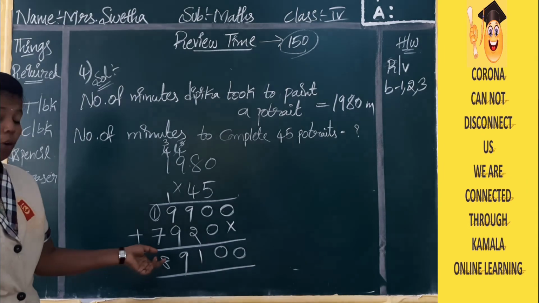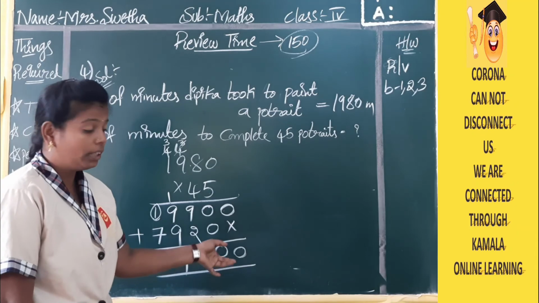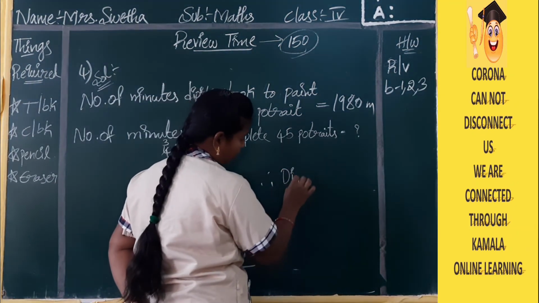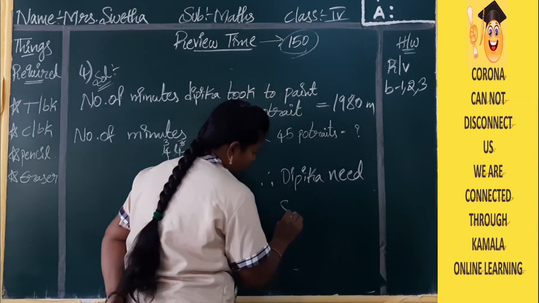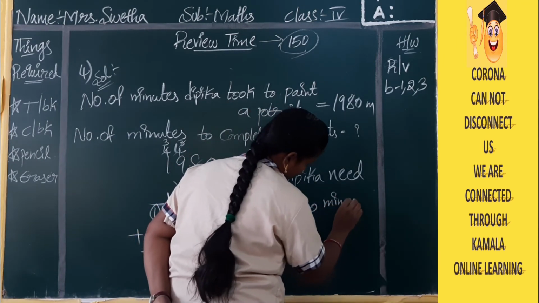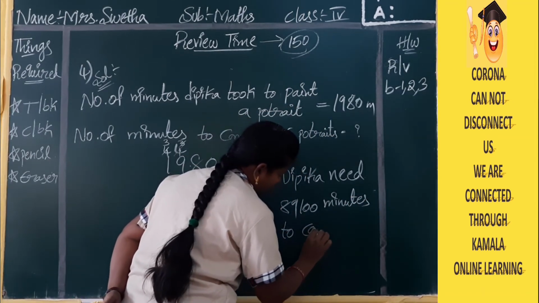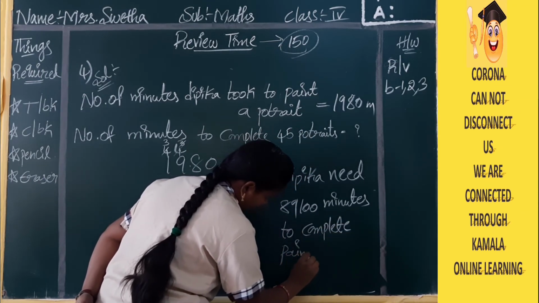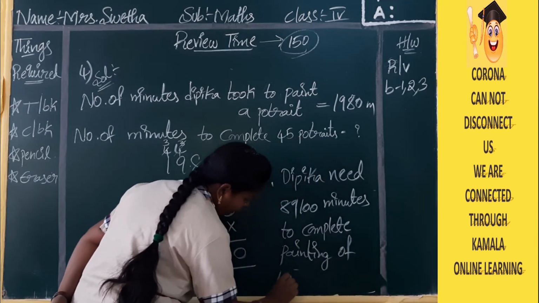So how many minutes does she need to complete 45 portraits? It is 89,100 minutes. Therefore Deepika needs 89,100 minutes to complete painting 45 portraits.